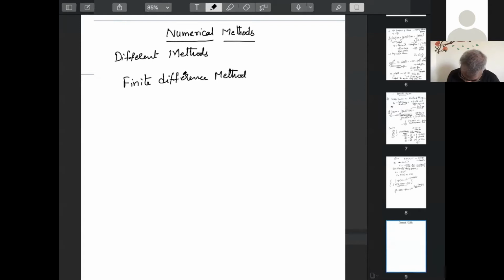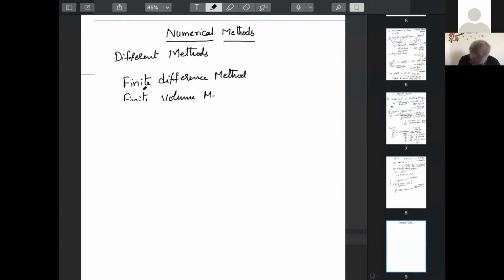The second one is the finite volume method. The third one is the finite element method. And the fourth is the spectral method.